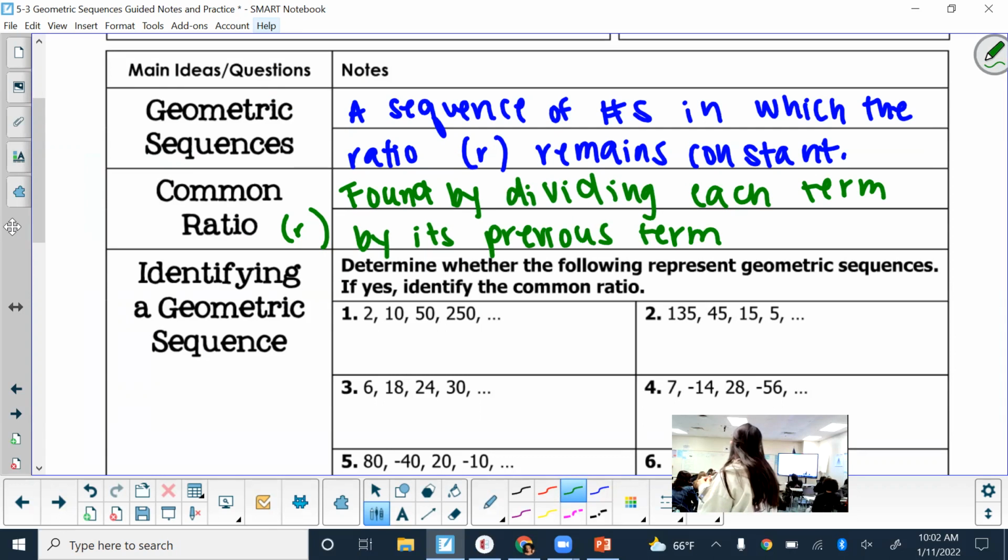A sequence of numbers in which the ratio remains constant is a geometric sequence, and your common ratio is found by dividing each term by its previous term.